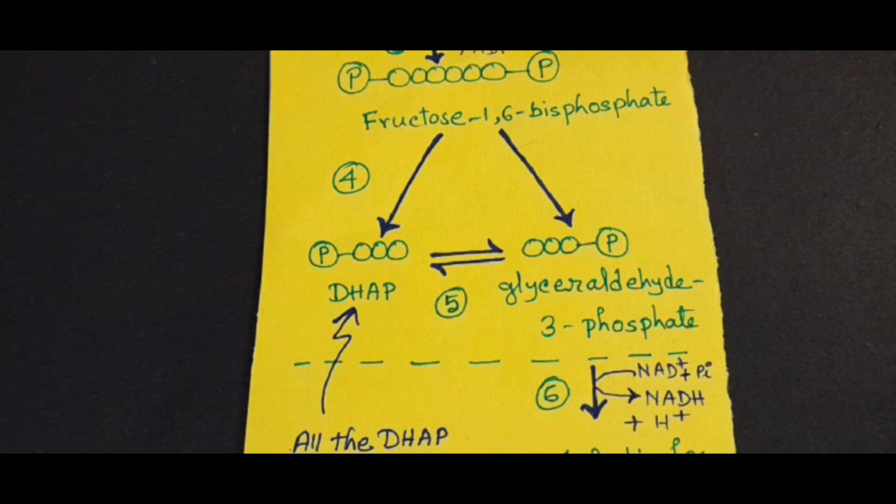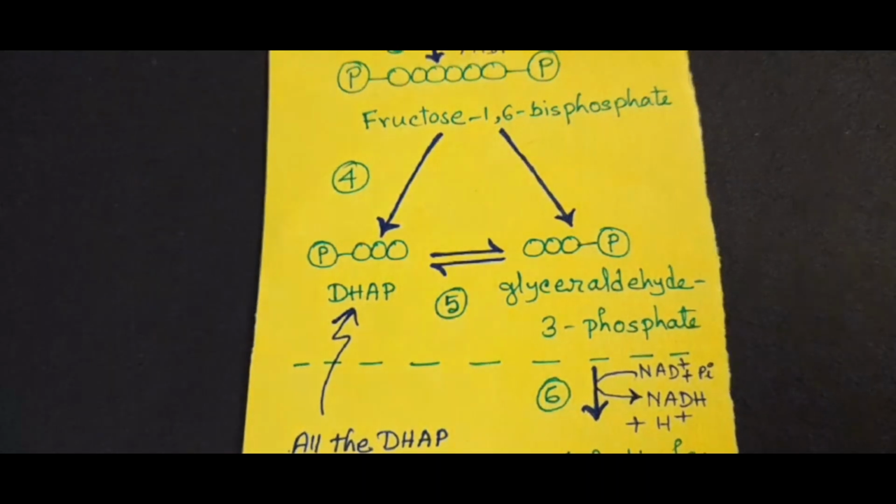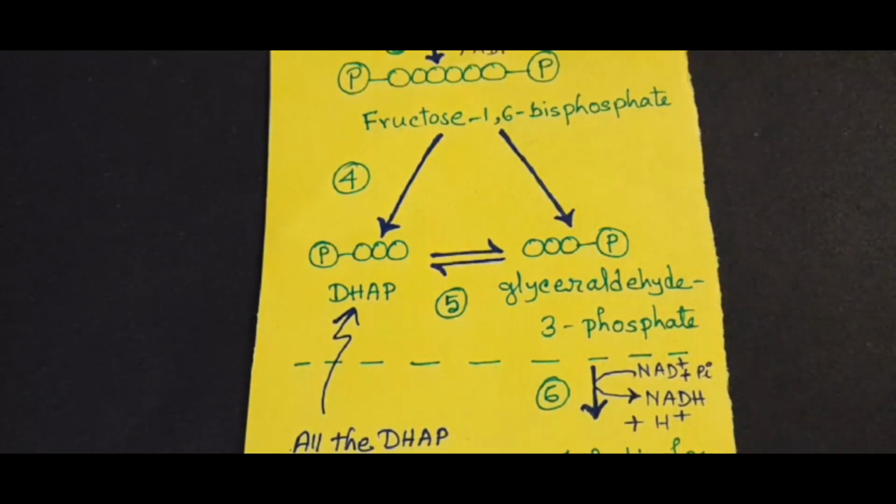However, the unfavorable sugar DAP, this is called dihydroxyacetone phosphate, can be easily converted into the favorable one. So both finish the pathway in the end.